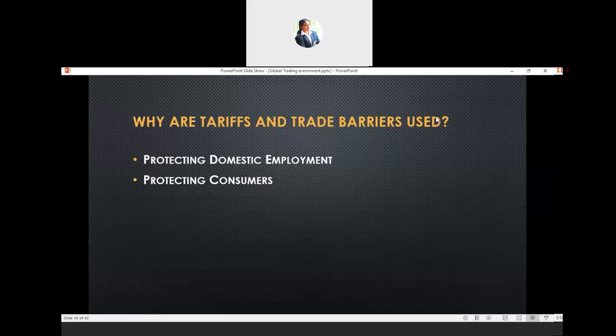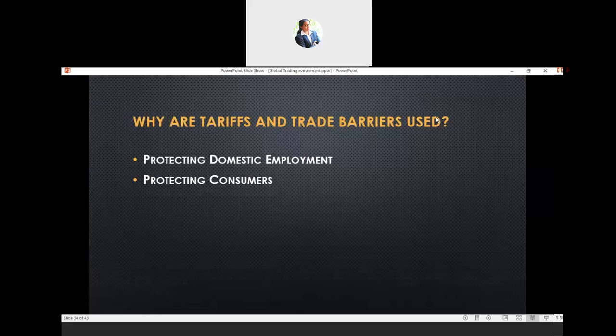To give an example, South Korea might place a tariff on imported beef from the United States if it feels that the imported beef contains some kind of disease or any other such risks.